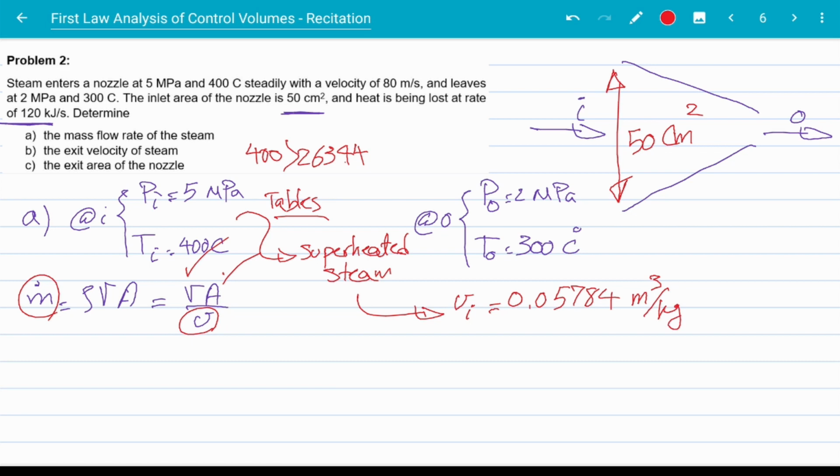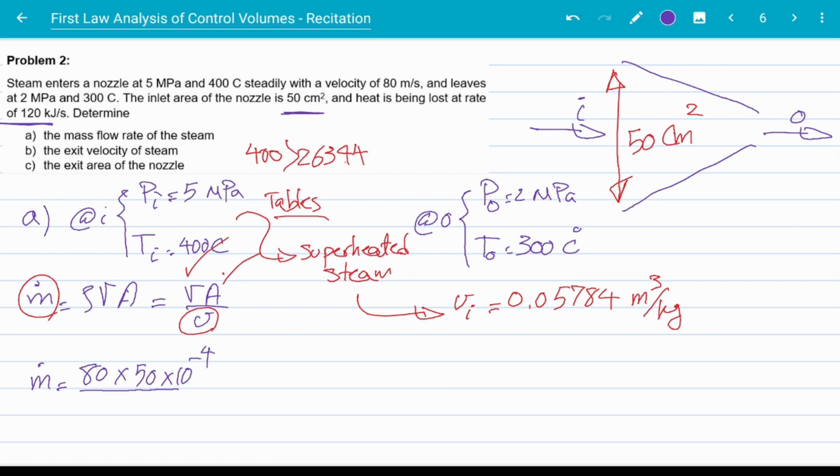Now that we have the specific volume at the inlet, we can use the equation to find mass flow rate. So m dot: velocity at the entrance is given. It's 80 meters per second times the cross-section area, which is 50 centimeters squared. Now, 50 centimeters squared is 50 times 10 to the minus 4 meters squared.